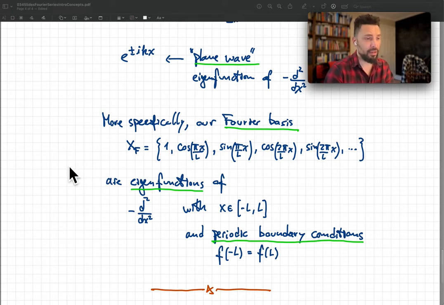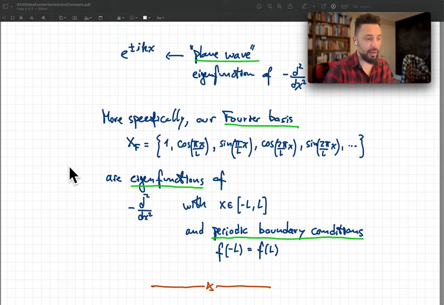And so that's why we end up using this basis a lot of the time, because we're interested in this second derivative operator with a minus sign, because what we have is either a Schrödinger equation or a diffusion equation or some kind of wave equation where this really plays a major role. And so it's very natural for us to use the Fourier basis.